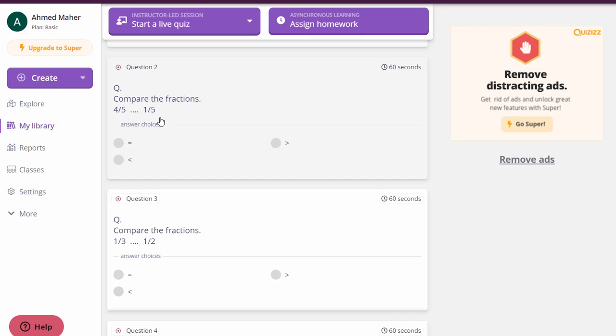Okay, Abdullah, you have the same denominator, right? Yes. So the parts have the same size. And the first fraction represents 4 parts, and the other represents only 1 part.